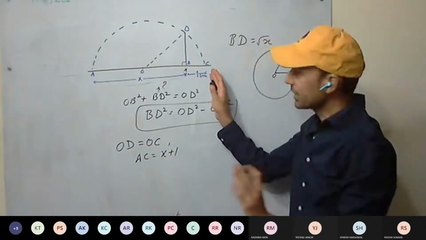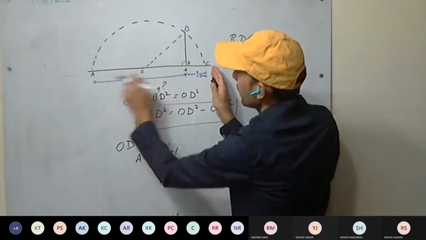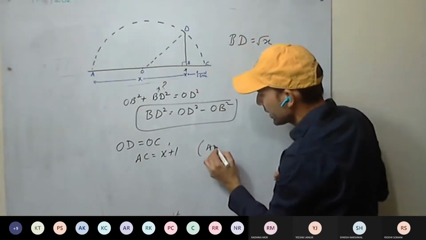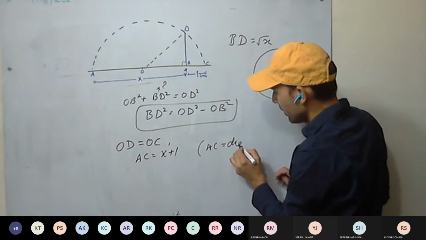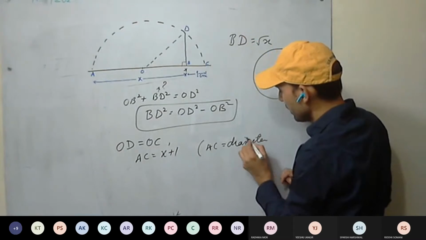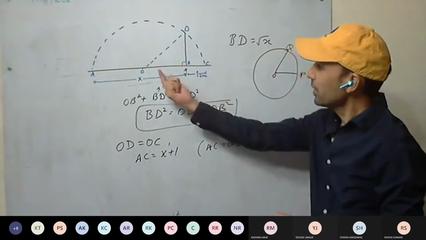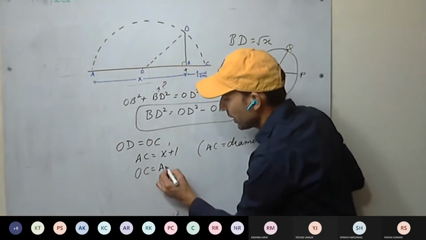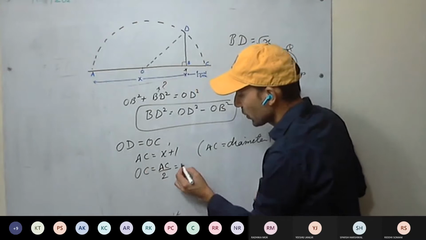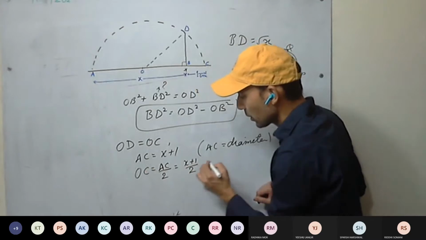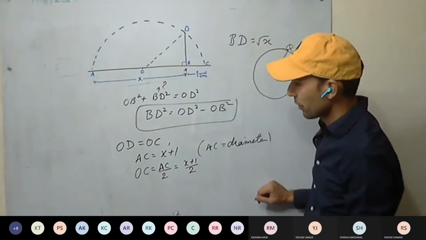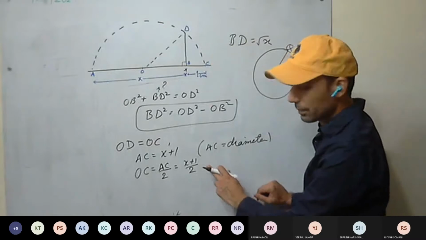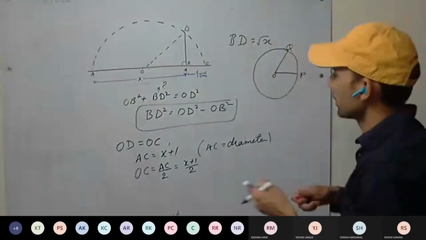AC is the diameter of the circle, and OC is the radius. So OC will be AC divided by 2, that is X plus 1 divided by 2. We got the value of OC.